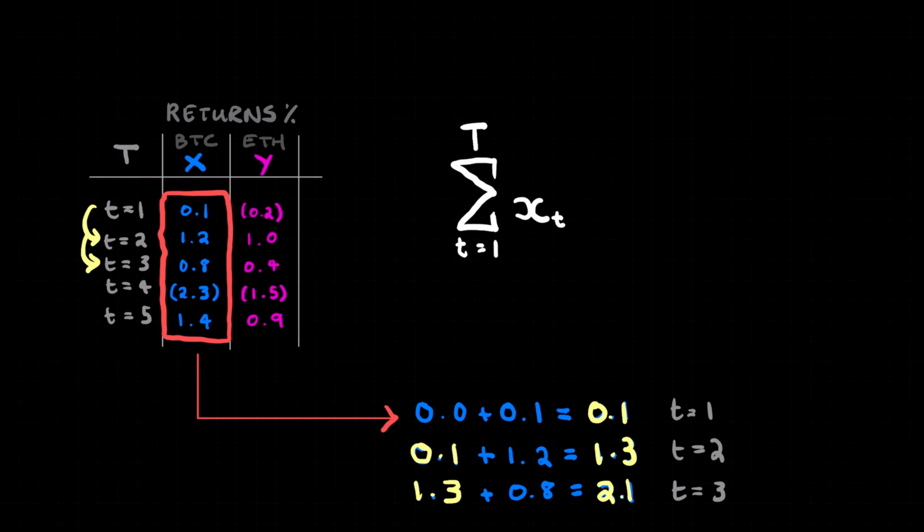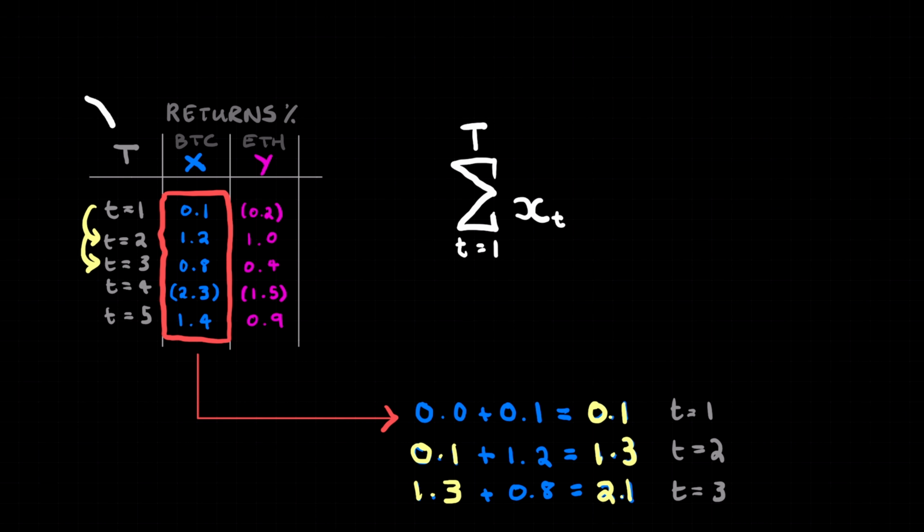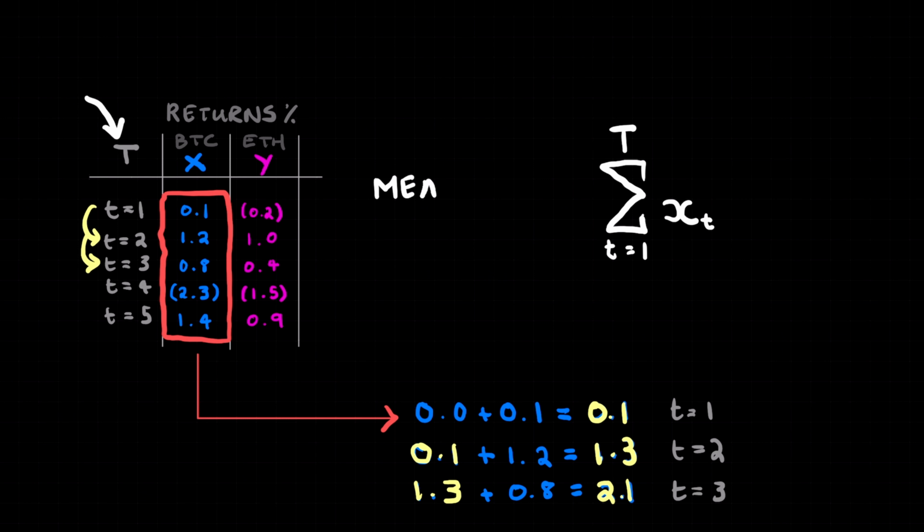Now, instead of doing that, we could also just come up with a letter that represents the total number of data points we have, in which case we'll just call this big T. So if we have 360 data points here, we'll just call that big T is equal to 360. Now you know what sigma notation is. The mean is simply just going to be the sum of that column, which we have written out here, divided by T, so how many items there are.